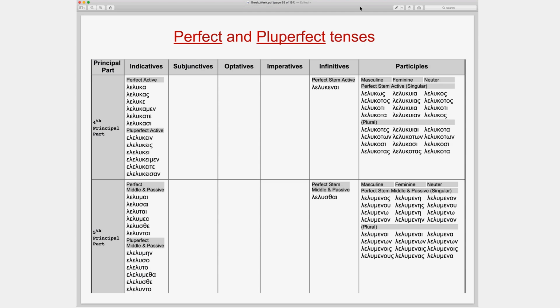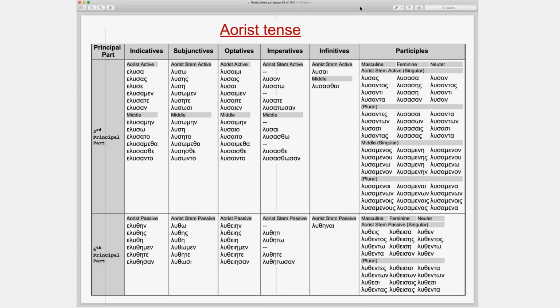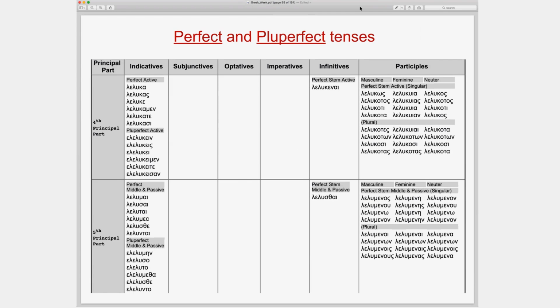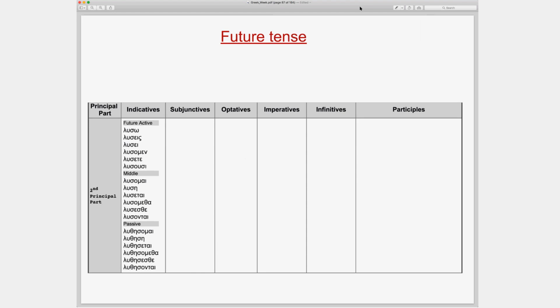Okay, so now notice with the aorist tense, well, let me go back to the future tense, which has this kind of trademark S, a sigma. And there are some others in here, for example, the theta character tends to make it passive and so on.